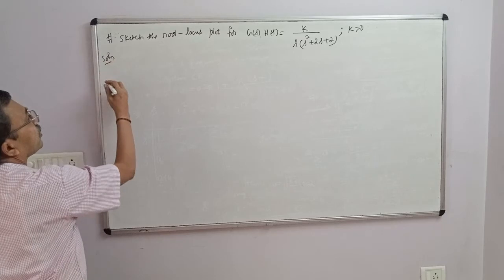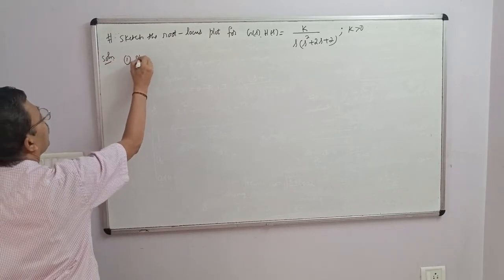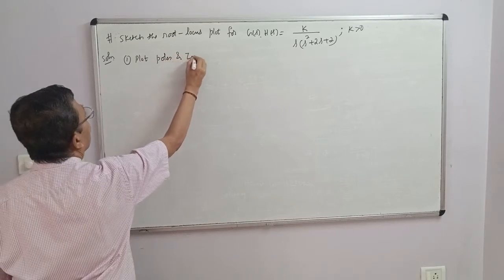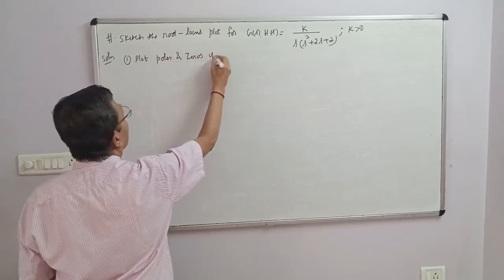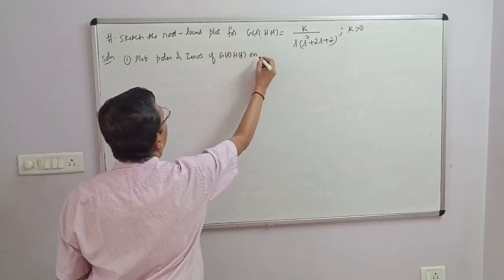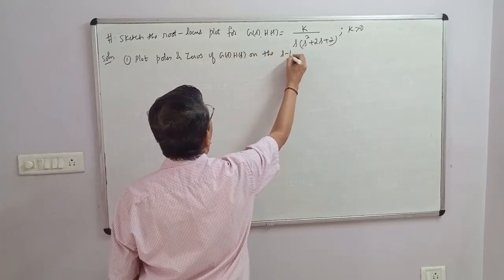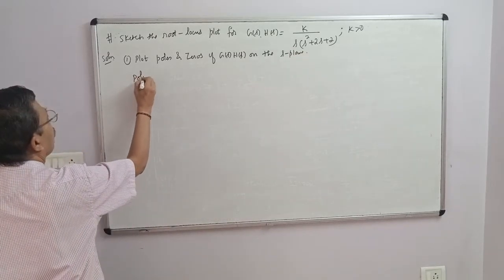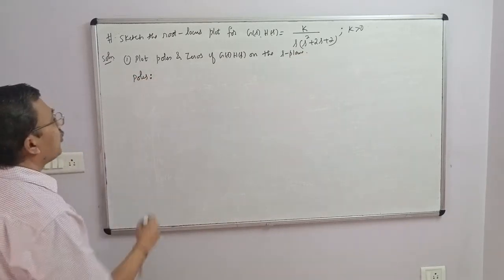Solution. Step 1. Plot poles and zeros of g of s h of s on the s plane. What are poles? Roots of the denominator polynomial.